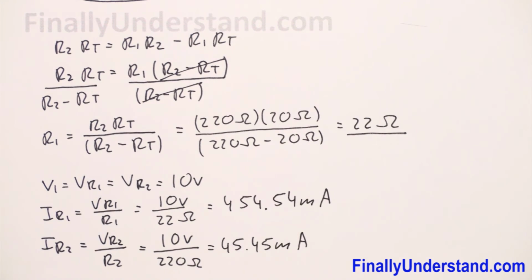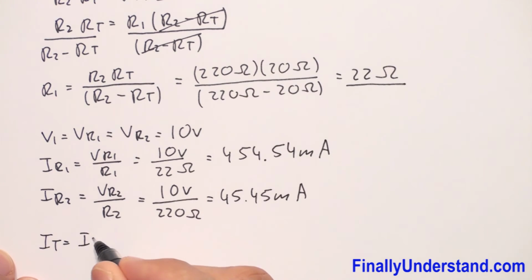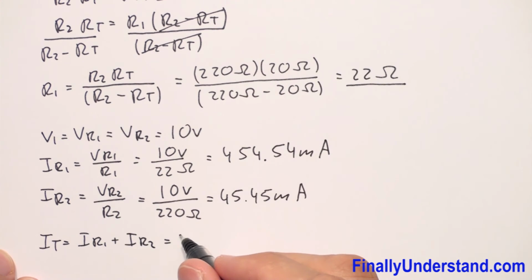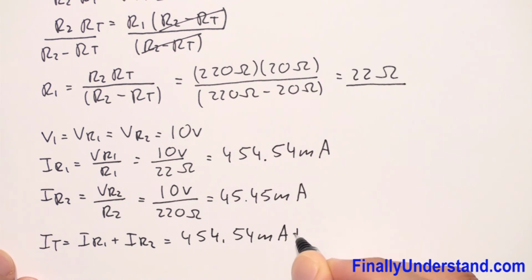Now I'm going to find I total. In order to find I total, I'm going to use KCL. I total is equal to IR1 plus IR2. So this is equal to 454.54 milliamps plus 45.45 milliamps.